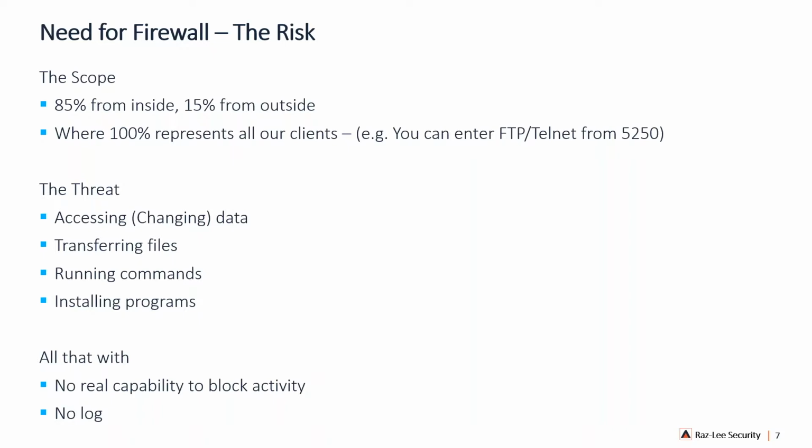That is frightening. People from the outside are able to run commands. They are able to install and run programs. They are able to do almost anything. And there is no real capability to block that activity or to log it.